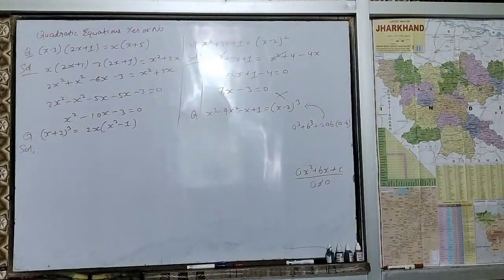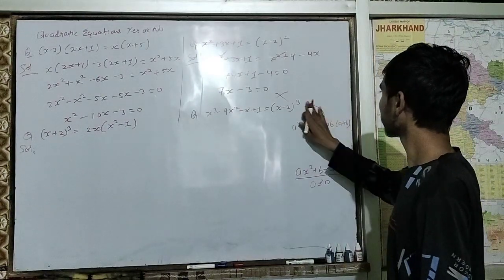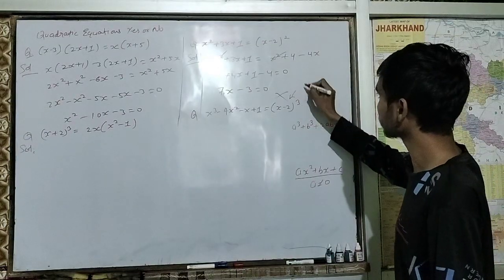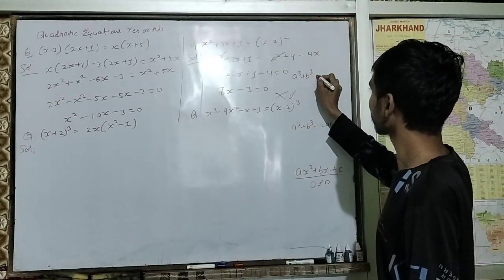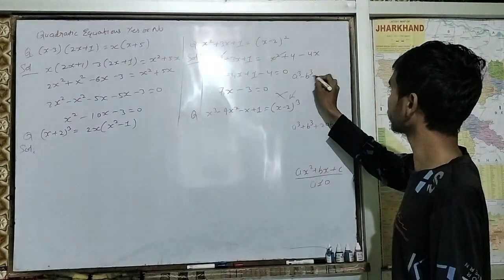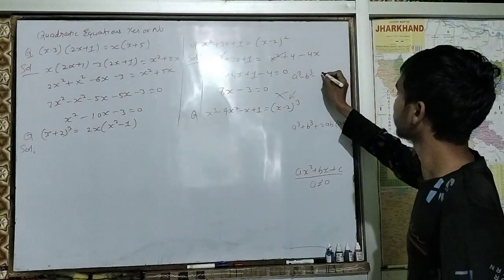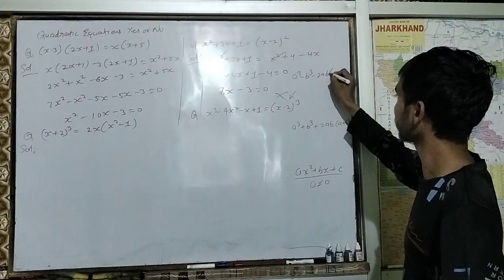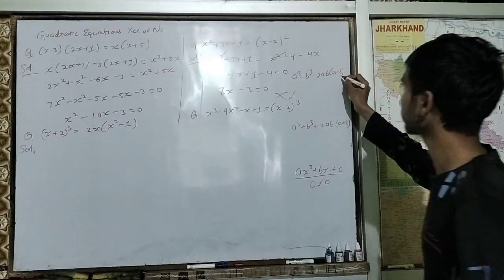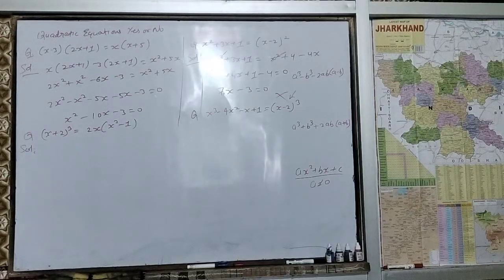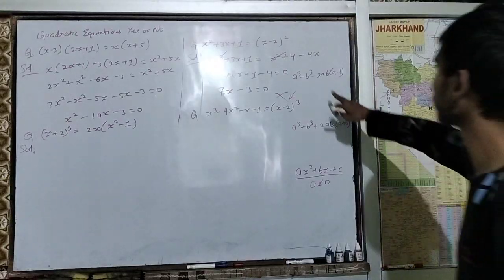Am I correct or not? Yes, am I correct? But here for this we have this, all operators will be negative. Then 2ab, then a minus b. This whole. And it is not 2. This is 3.